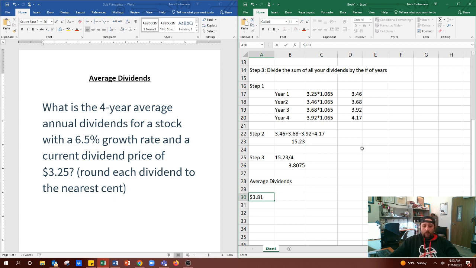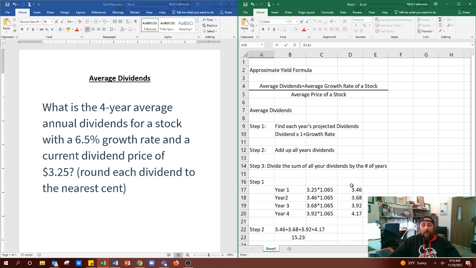If you remember, this number gets plugged into a bigger formula. If we go back up to the top, our approximate yield formula is average dividends plus the growth rate of a stock divided by the average price of the stock, so we can come in here and replace this number with the new number.